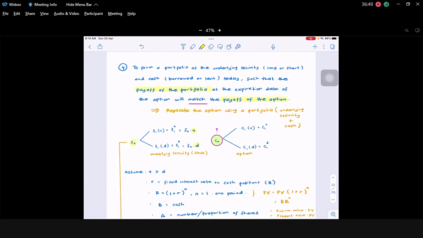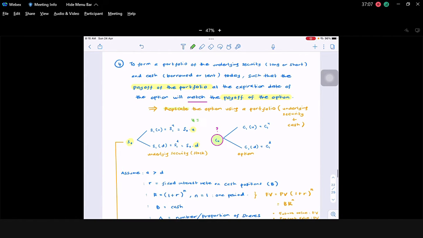Basically two scenarios, up state or down state, and we can determine U exactly by ST over S0. Nanti kita akan tengok. So U just dia punya percentage of increasing or decreasing.